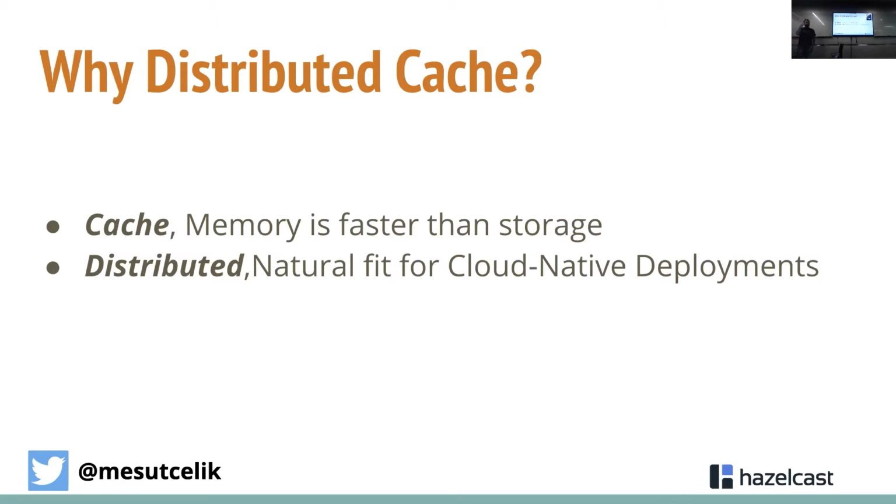So cache is normally, as you see on the presentation, faster. Memory is faster than storage. In data-intensive applications, mostly you store your data somewhere, you query it, you do batch processing, stream processing, etc. But you need to have cache also if you want to have performance improvement and some data redundancy.